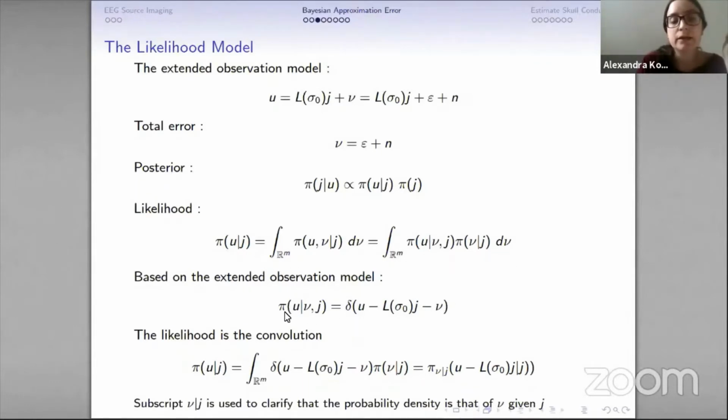Given the so-called extended observation model, we can see that the probability of the observations, given the total noise, nu, which equals epsilon, our approximation error, plus the measurement noise, is just the Dirac delta function. We plug it in, and what we have is that the likelihood function is equal to the probability of the total noise distribution.